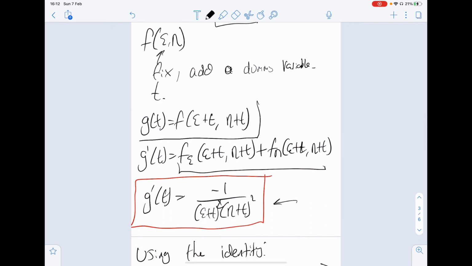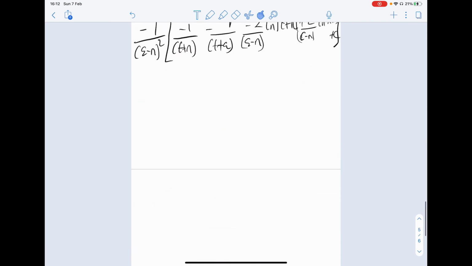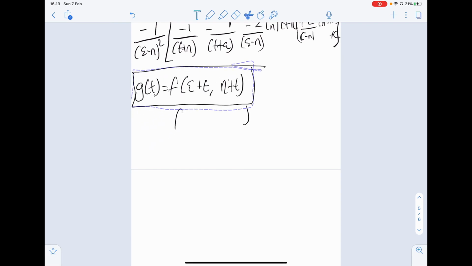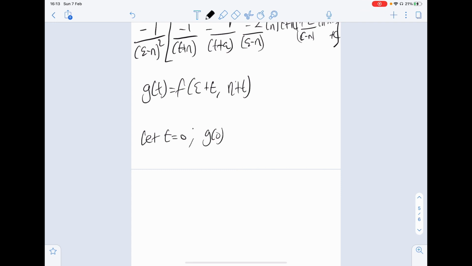Okay, so remember, if we go up, we've got a function. We've got this essentially. So I'm going to copy and paste this. This is what we've essentially found, or this is what we've turned our function into. So if we let t equal 0, work this out. If we let t equal 0, we get that f at 0 is equal to f of epsilon eta, which is what we want.